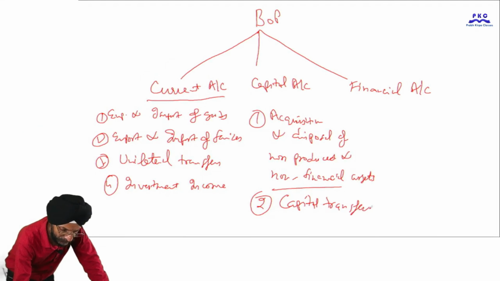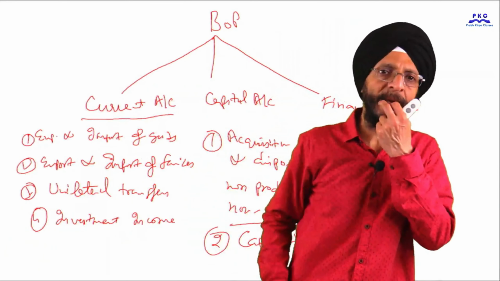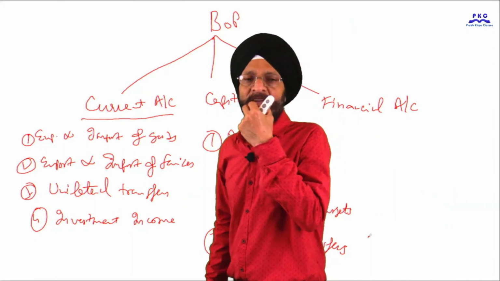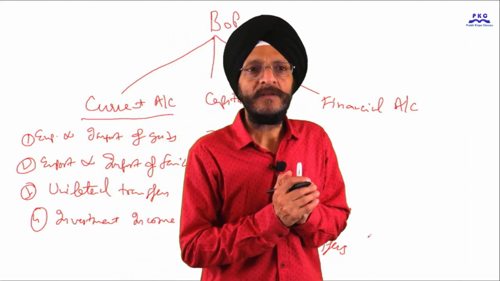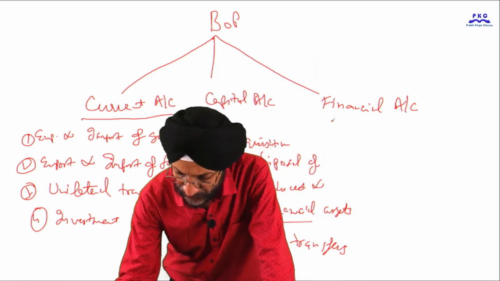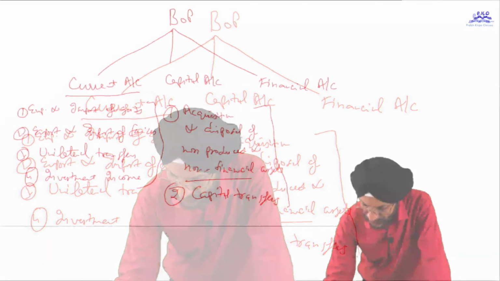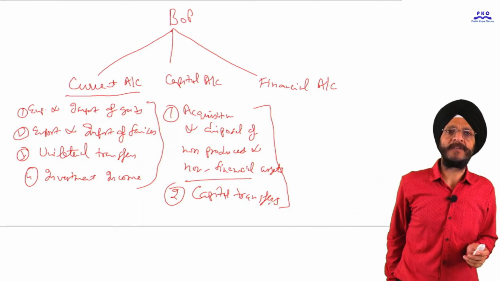If a country forgives its right to receive debt, it is recorded in capital transfers. So you can see from here that current account has four components, and the capital account is concerned with non-produced and non-financial assets and capital transfers.